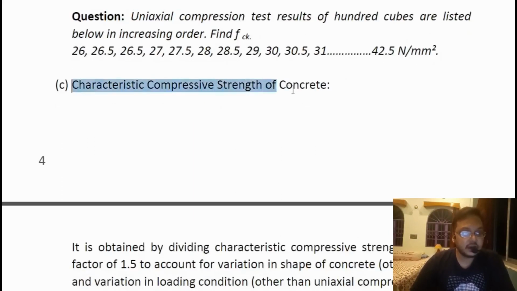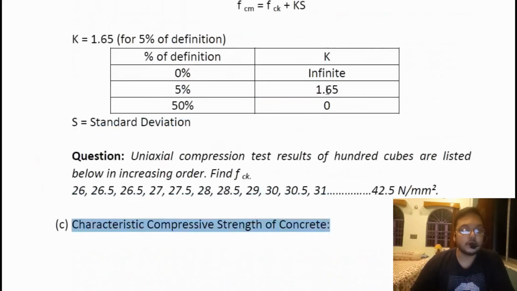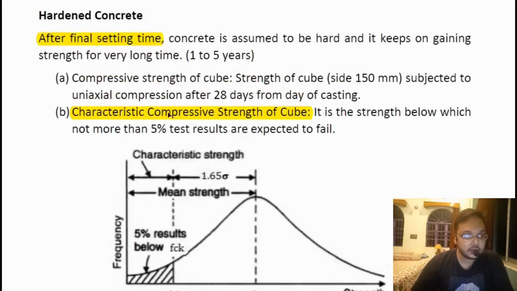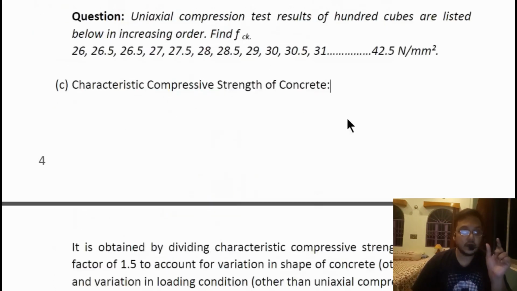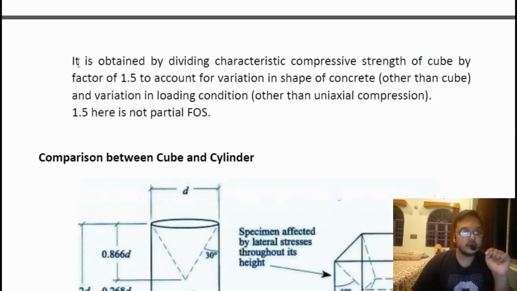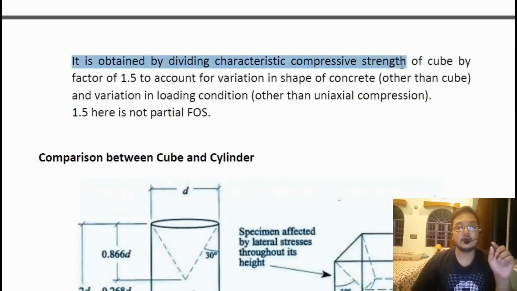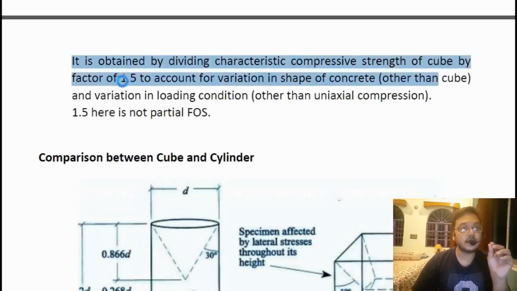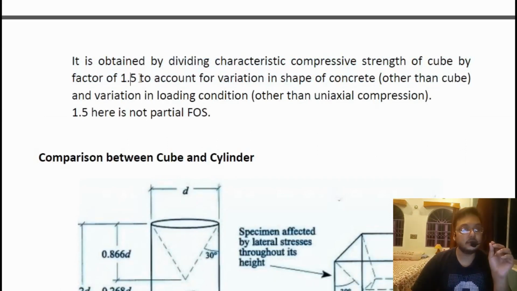So next is the characteristic compressive strength of concrete. Previously we were reading about the characteristic compressive strength of a particular cube, and now we will define that particular strength for that particular concrete. So what is that? It is obtained by dividing the characteristic compressive strength of cube by the factor 1.5 to account for variation in shape of concrete other than cube.